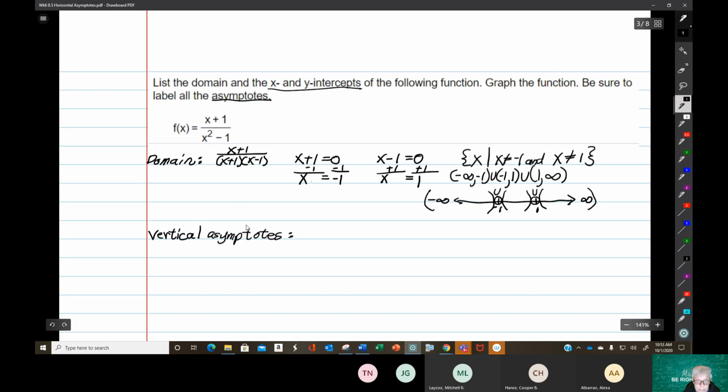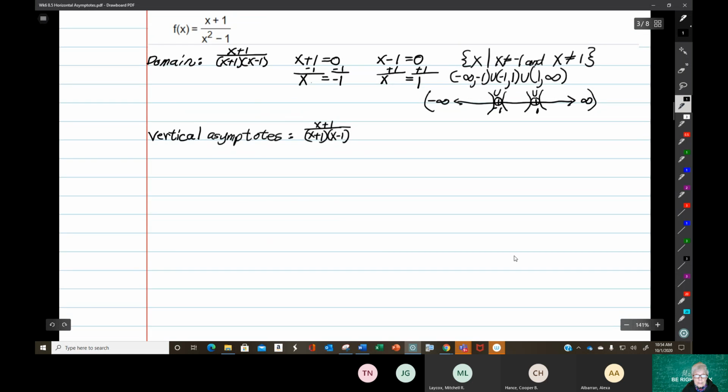Okay, we factored. We have x plus 1 over x plus 1 times x minus 1. And the x plus 1 and x plus 1 cancel. Before I cancel, I want to point out to you that x plus 1 gave me x equals -1 as one of the points that cannot be used.